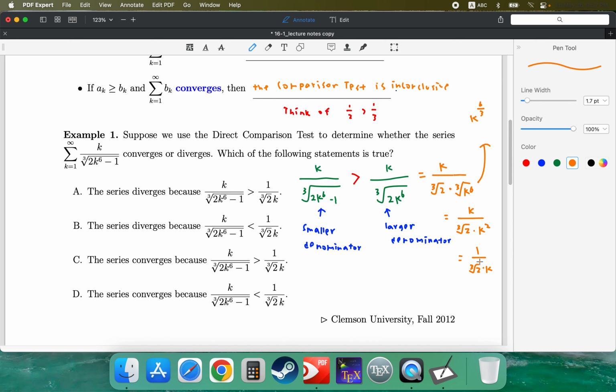Now if you are doing this problem on your own, it's very difficult to come up with this really soon. You cannot see this is 1 over the cubic root of 2 times k. Well, I cannot see. So the best way is to think of k over the cubic root of 2k to the 6, and then you do simplification to get this result.